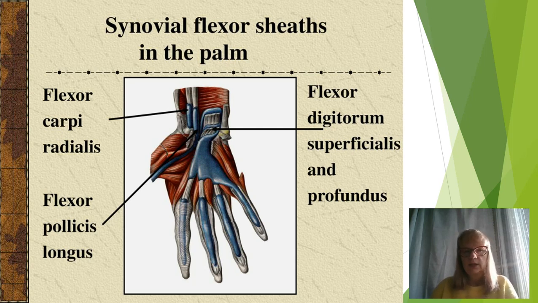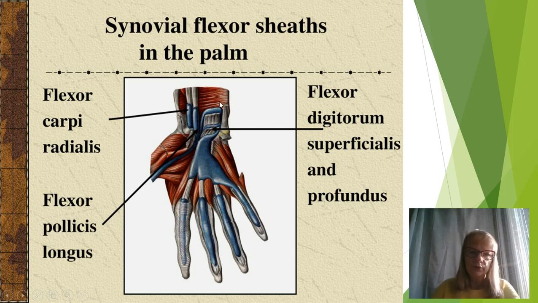And the last question about the topographical anatomy of the upper limb. On the hand, we have structures which have synovial sheaths for tendons of some muscles, and we have interesting links between sheaths. Some sheaths are plain, some sheaths have communication with the finger, and it's important in the clinic.